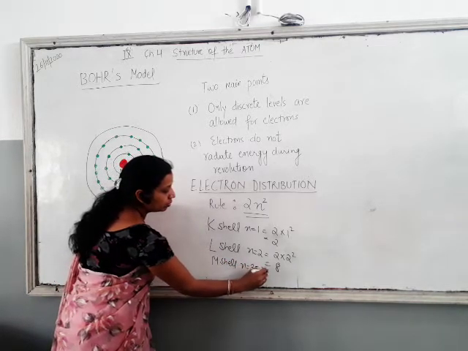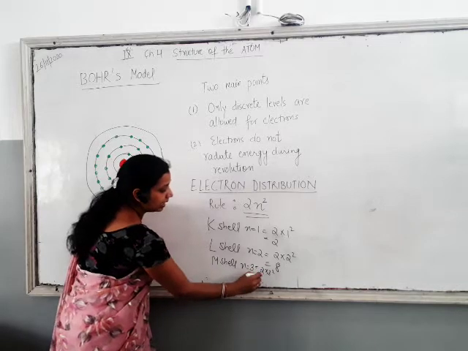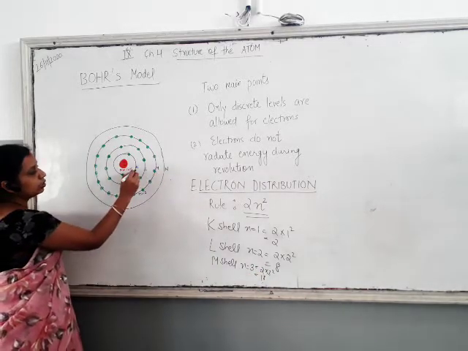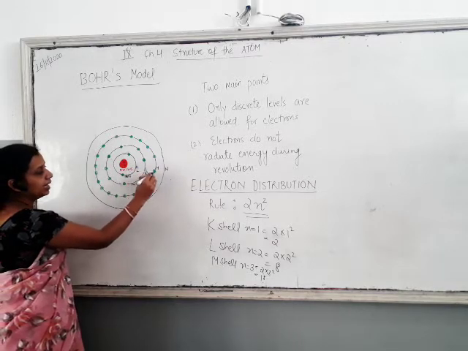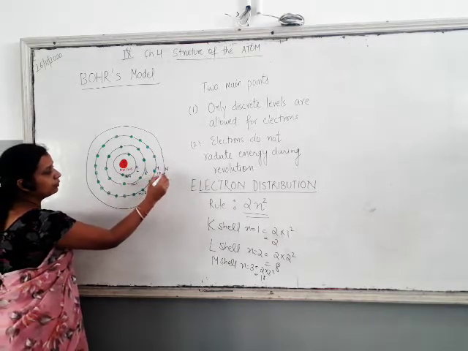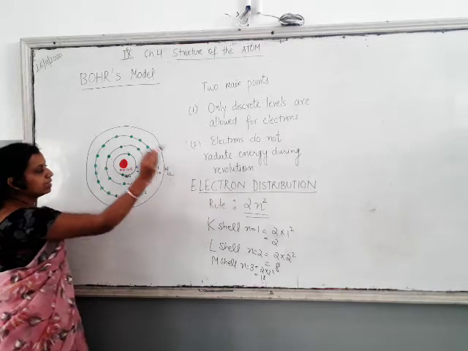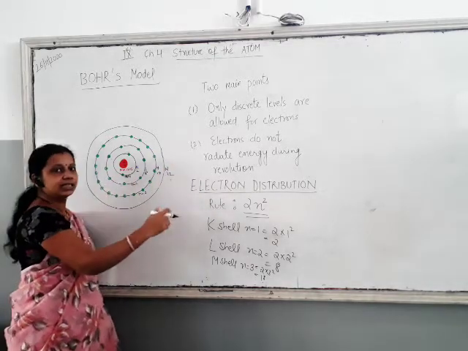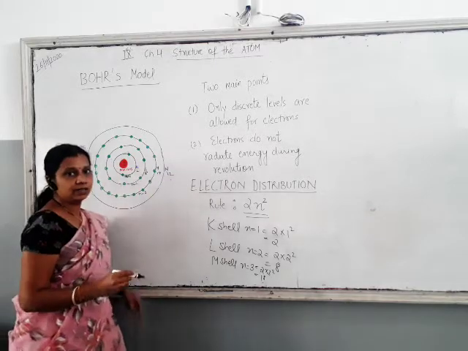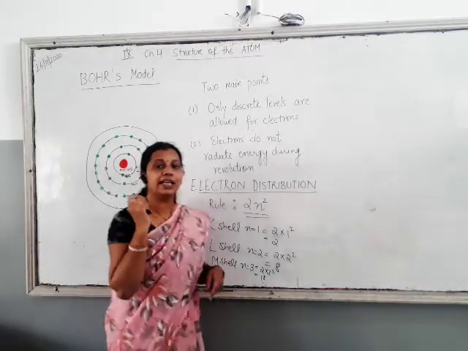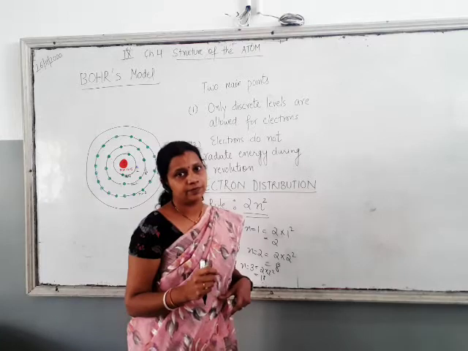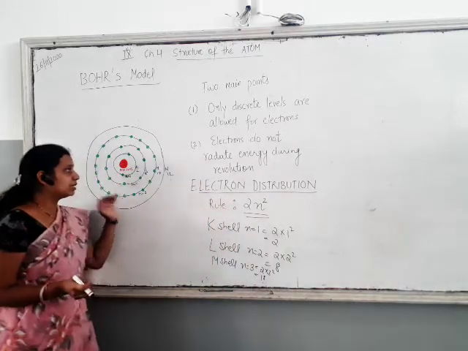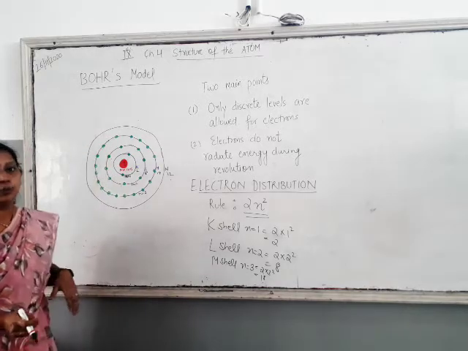So 2 into 3 square, that means 18. So 18 can exist in this. So here you have 2 electrons, here 8, then 18, and for n equal to 4 it is 32 and so on. But after filling like this, the outermost orbit can accommodate a maximum of 8 electrons. These are the rules followed by the atom to fill its different orbits.